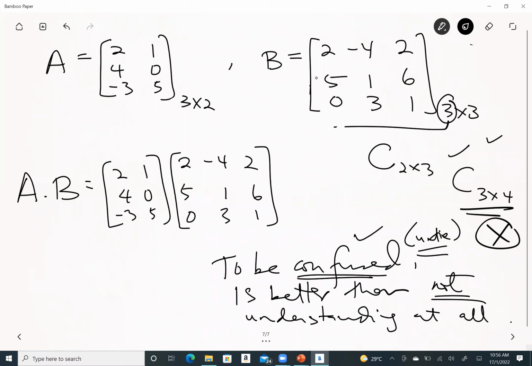So to be confused is good. Don't say that I'm confused and that's bad. No, if you're confused, that's good. But you have to do further learning. Okay, some people, they're confused, they stop. So if you're confused, don't stop. Continue to be unconfused.